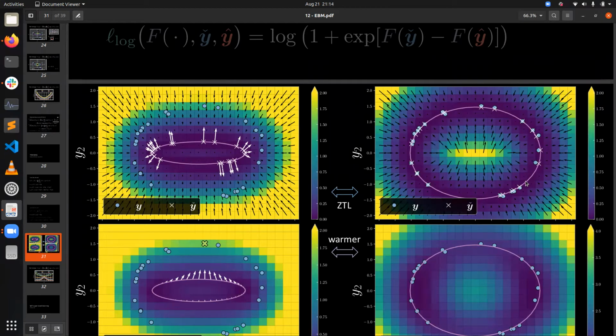Now I want to find a good point on z which will give me a good y value prediction, y hat, right?